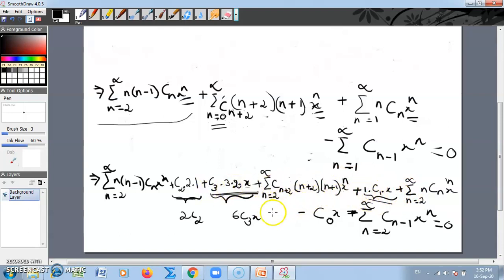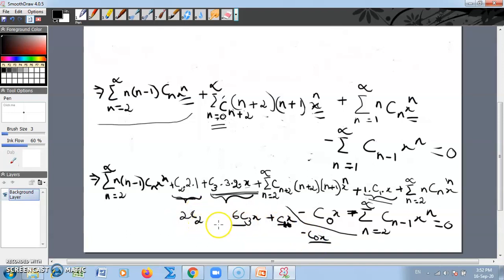The next one is plus c1x. And then we have another one, minus c0x. So you see, we have c3x, and c1x, like this. So we have 3 terms with x and 1 term without x.